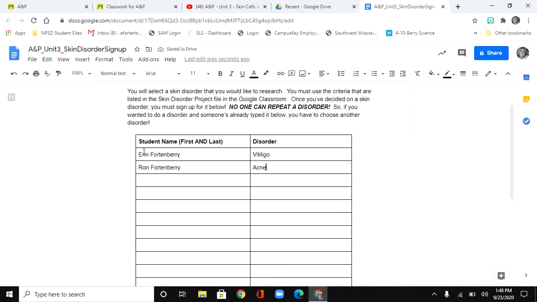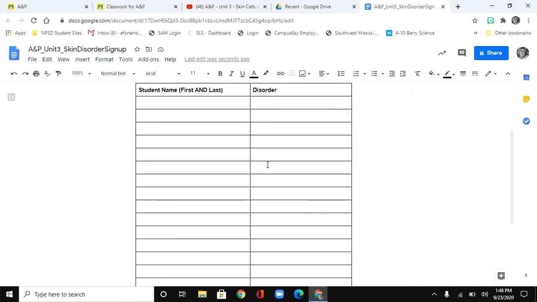Okay, so you will go in and type your name and what disorder you would like to research. It is very important that you peruse the whole list of disorders, because if somebody has already claimed that disorder, it's gone. And look, I know who edits the document at what time, okay? So don't go in and change anybody's, because I can see who made the edit and when they made it, okay? So keep that in mind.